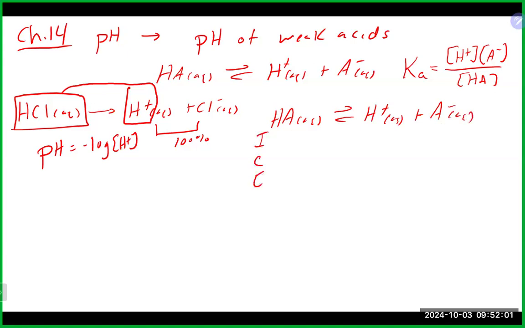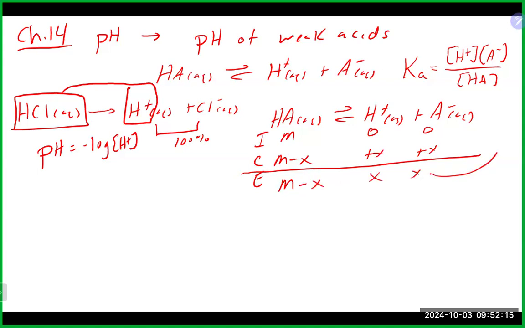We would have usually zeros on this side, some molarity minus X, plus X, plus X, and obviously a molarity minus X, X, and X. Just like normal, we would go into our expression and solve for X, the same way we did in the equilibrium chapter, because it really is just an equilibrium problem here. And again, if you can do a perfect square, that's good. If you have to do the quadratic, then you need to do that. Or again, if you can make the assumption, you could try the assumption as well.